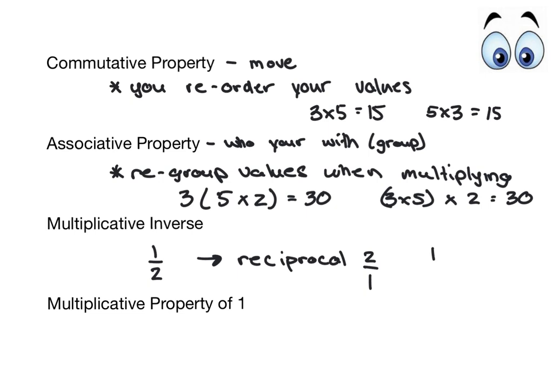And if we multiply 1/2 times 2/1, we would get 2/2, which is just 1. So in other words, anytime we multiply something by its reciprocal, we're going to get 1. So our definition here for multiplicative inverse is when a number is multiplied by its reciprocal.